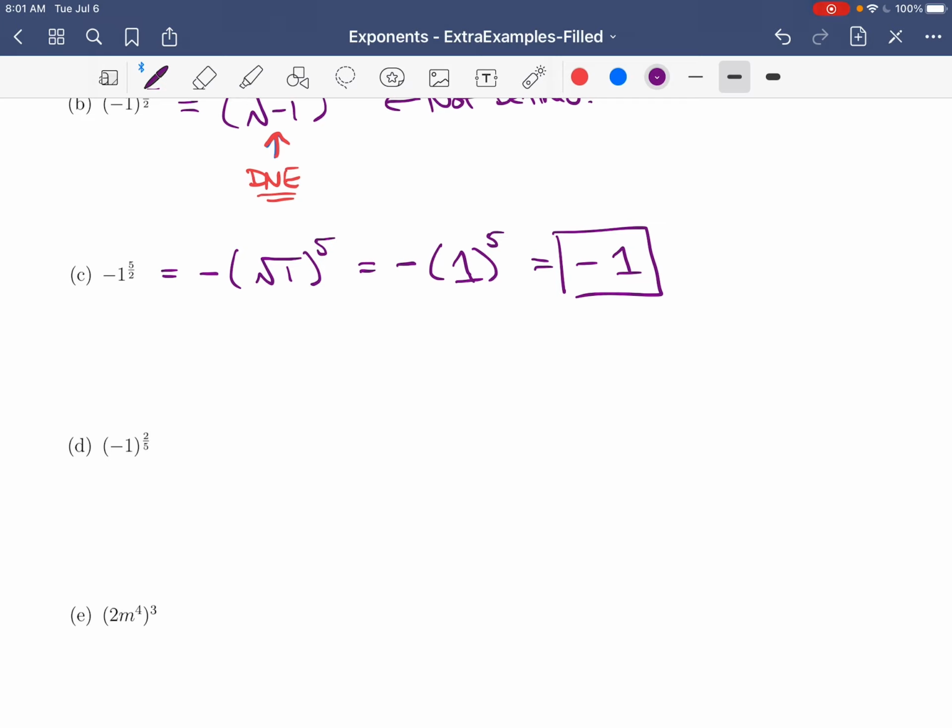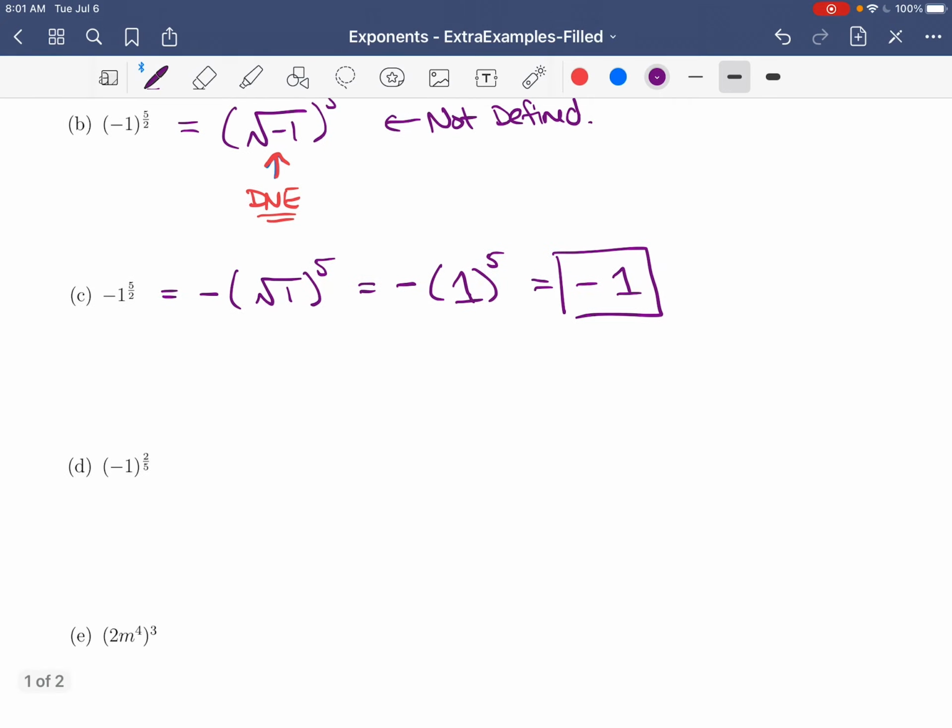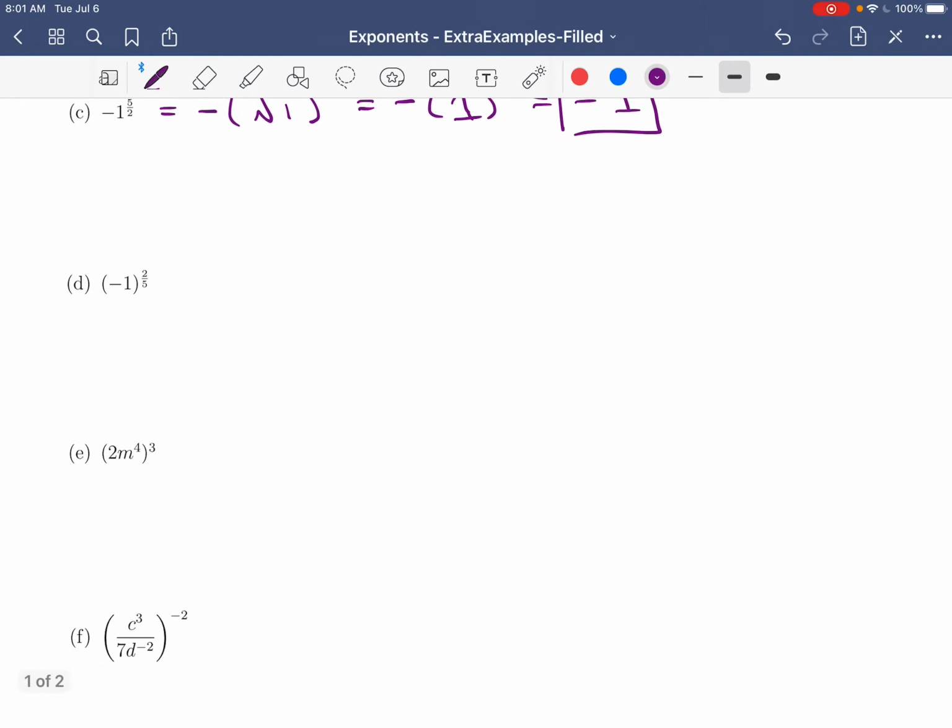Now part D is also similar. Now the negative 1 is in the exponent, so is part of the exponent, but the exponent is flipped. So the 2 is on the top and the 5 is on the bottom. So now this would be the 5th root of negative 1 squared.